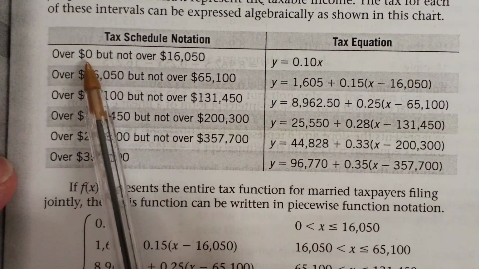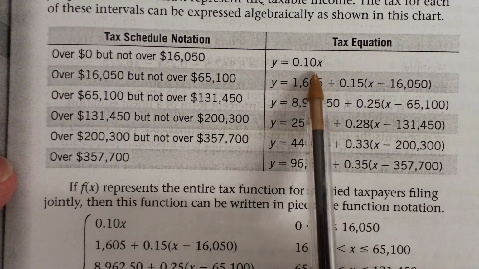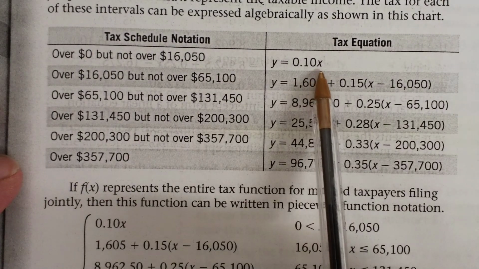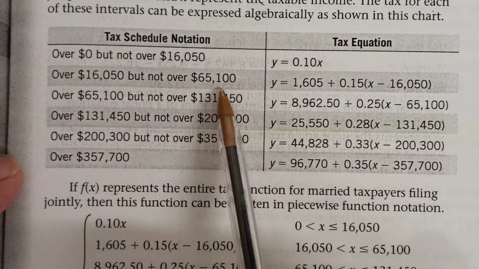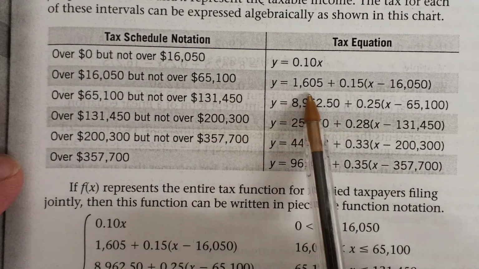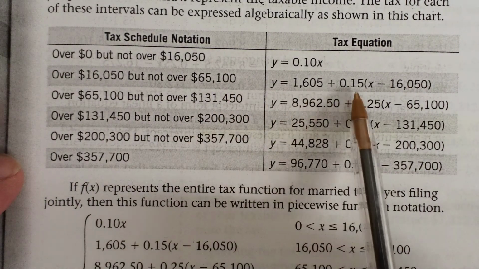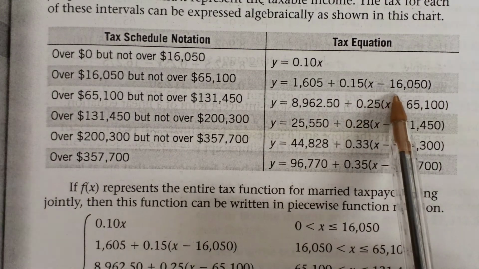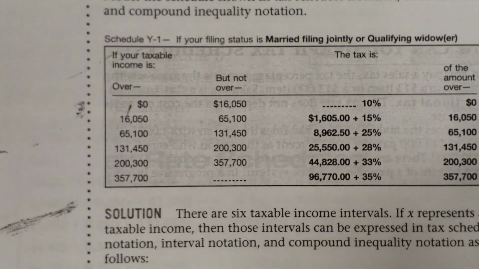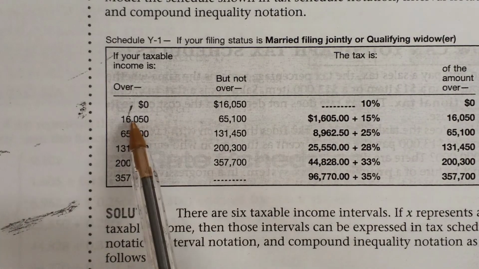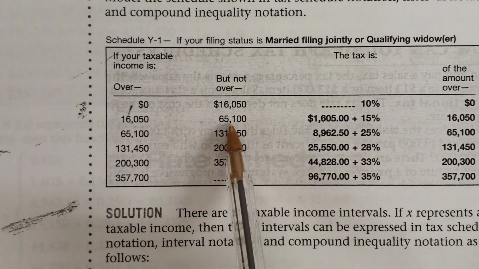So if you earn zero but not over $16,050, you will pay 10% of your income. If it's over $16,050 but not over this, then you pay that flat tax amount plus 15% of the amount over. So where I'm getting this from is straight from this table. Okay, so let's compare $16,050 to $65,100.